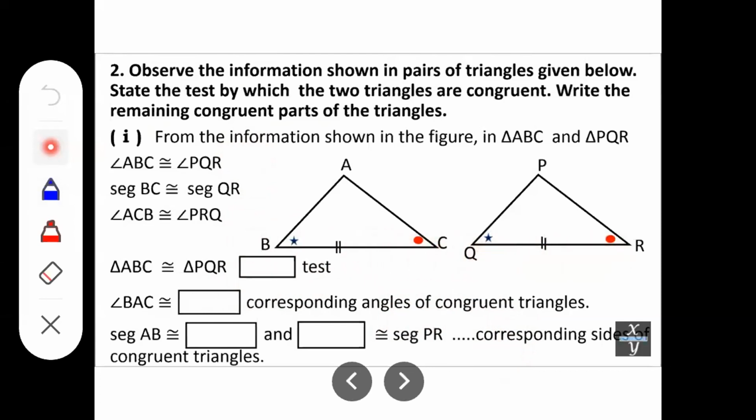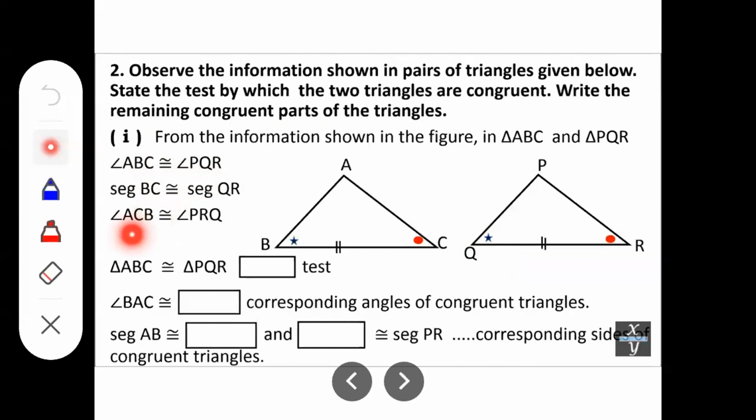Here angle B is congruent to angle Q. Angle C is congruent to angle R. That is also given here. See the middle vertex B: angle B is congruent to angle Q. You can also see it in the diagram.